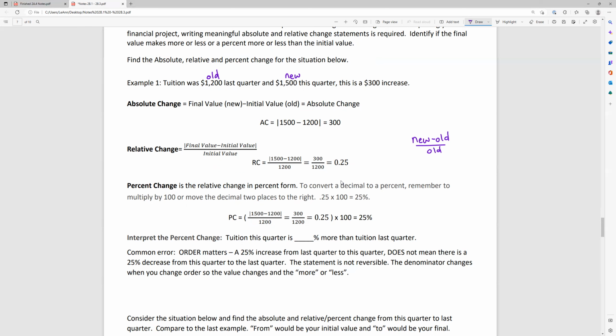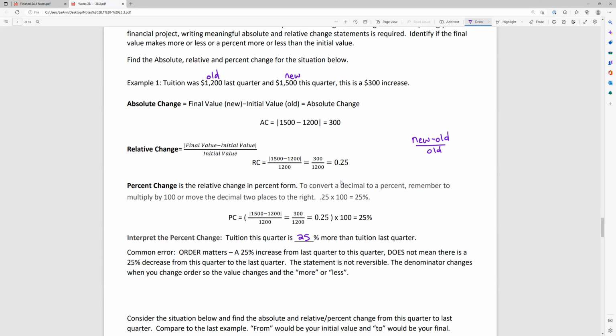So then 300 divided by 1,200 is 0.25, and then that's the decimal part. If we want to make that a percent change, we times it by 100, so that'd be 25%. So because the new value is bigger than the old value, that's an increase. So this tuition this quarter is 25% more than tuition last quarter.